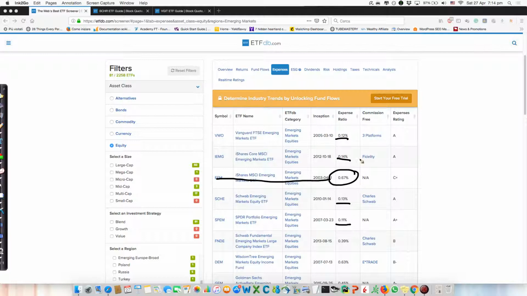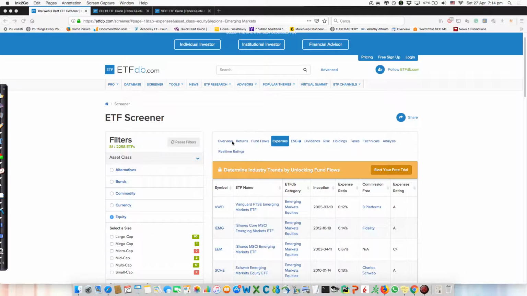Okay, so in this case, since they are so close, maybe it's better to look for the one with the larger volume. So remember, the number 1, 2, 4, and 5 are similar in terms of expenses.